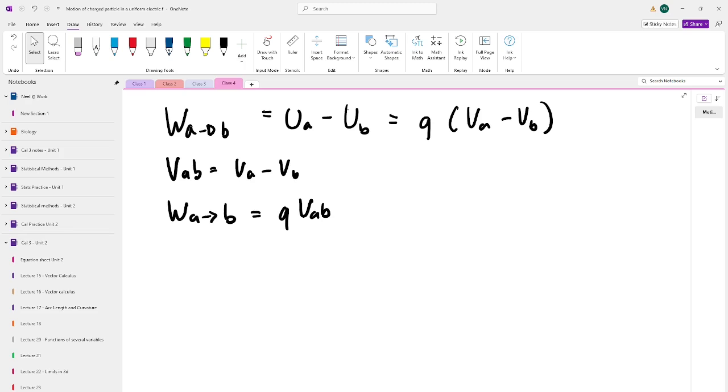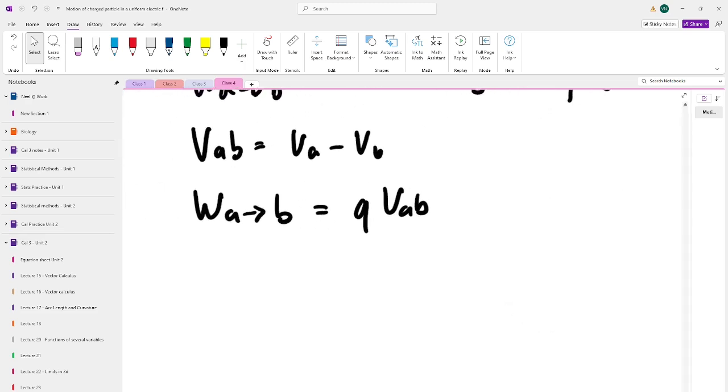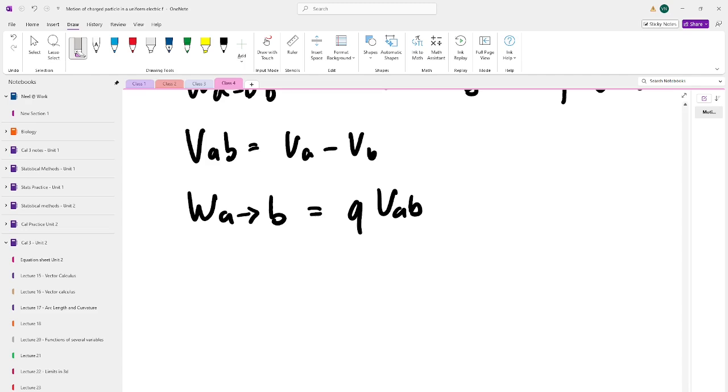But when you bring it all the way into the field, it's equal to something that's not 0. So you'll be able to say that the difference, VA minus VB, is just equal to one of the two, because the other one is equal to 0 because it's so far away. So that's why this is useful. I'm going to write that in red, actually, because it's very important.